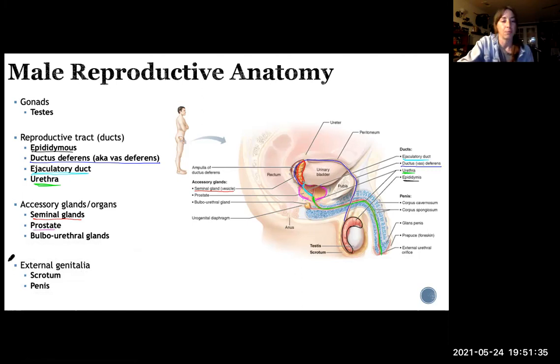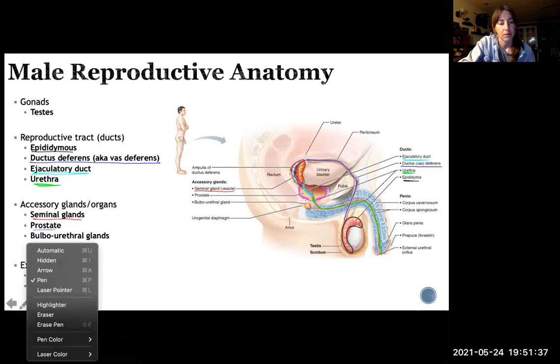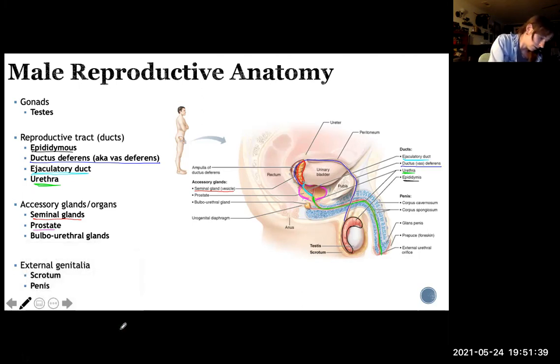And then the bulbourethral glands, or the one that we can see from this side, is here. And it has its little passage that connects with the urethra right there. Okay, all right. So how does this all work?